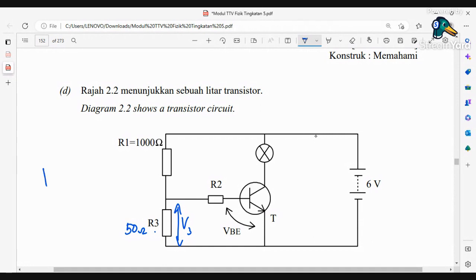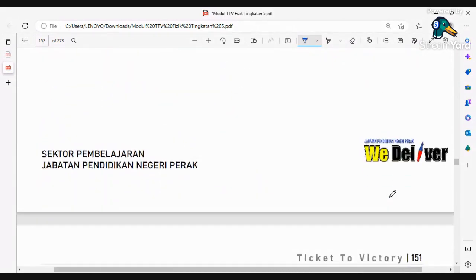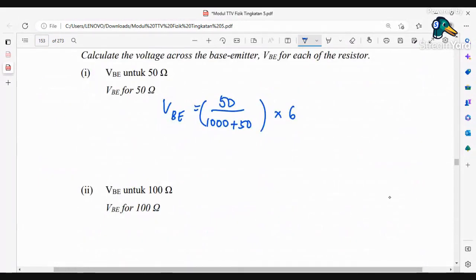So you want to find V3, means R3 over R1 plus R3 times total voltage. This is total voltage. Okay, so you will get VBE equals 0.29 volt.